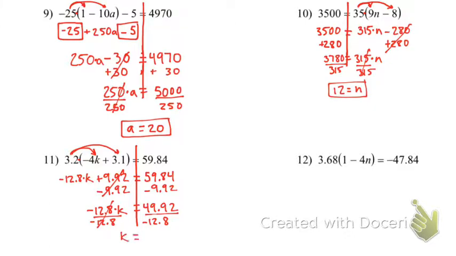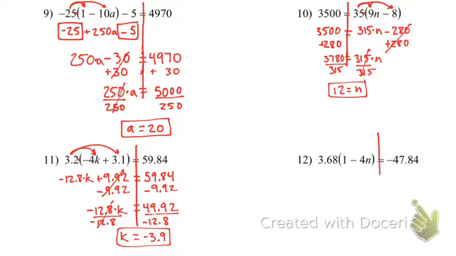K is isolated, and now we just throw this in our calculator. 49.92 divided by negative 12.8, and our answer is negative 3.9. Okay, so don't let the decimals freak you out. Just use your calculator to calculate those. All right, and if you notice, every problem we did, we've done the same procedure, the same routine over and over again. Let's do one more.